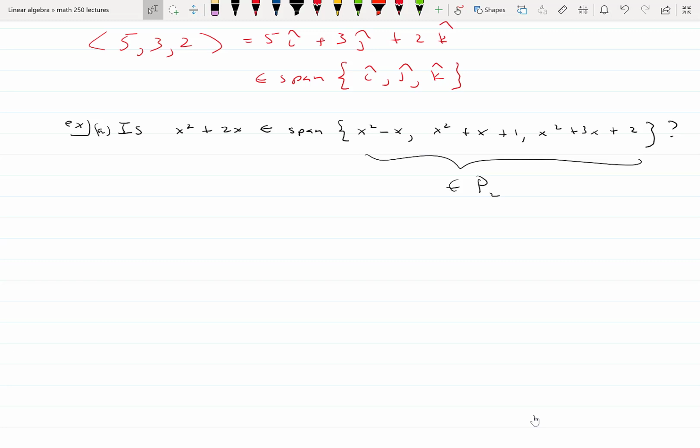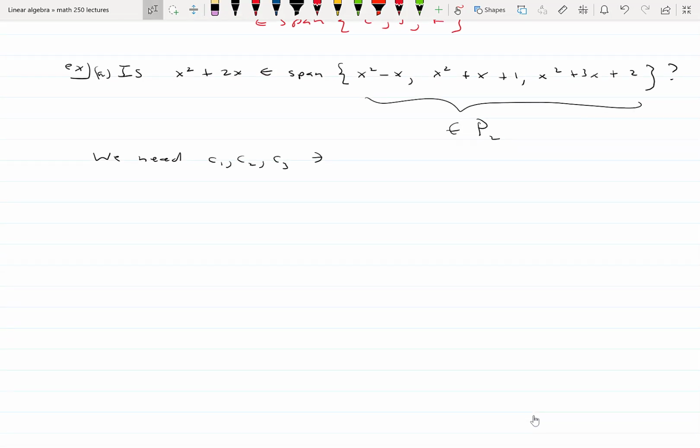So we need c1, c2, and c3 such that x squared plus 2x, our vector, is equal to c1 times the first vector plus c2 times the second vector plus c3 times the third vector.